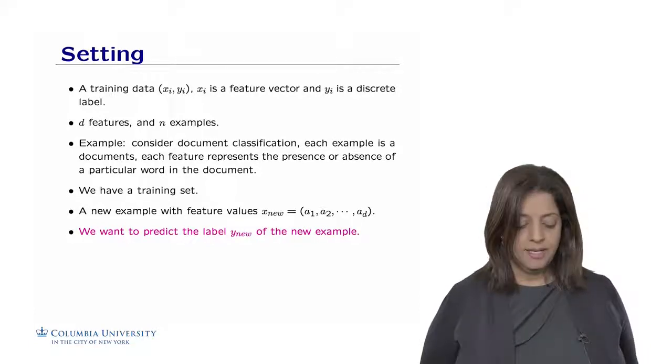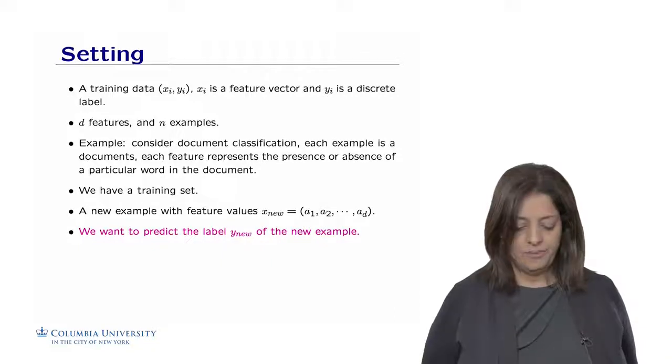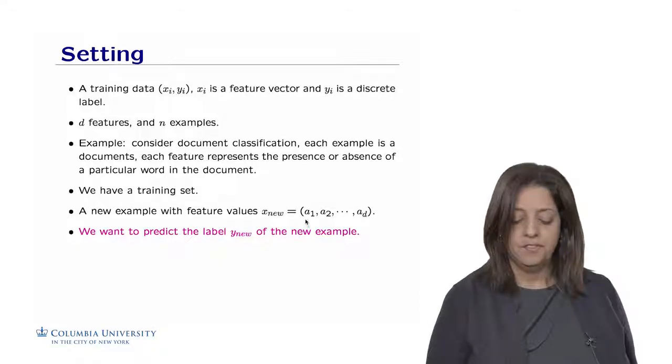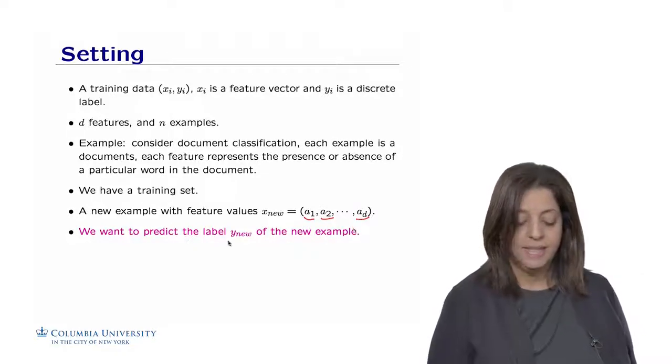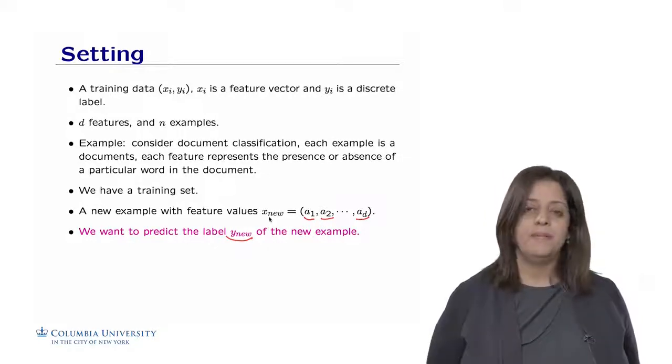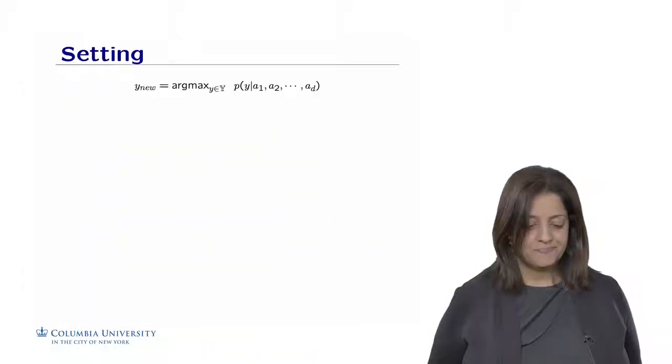A new example, X new, would have the feature values A1, A2, up to AD, for feature 1 to feature D. And we want to predict the class or the label Y new for the example X new using the formulation of a naive Bayes classifier.